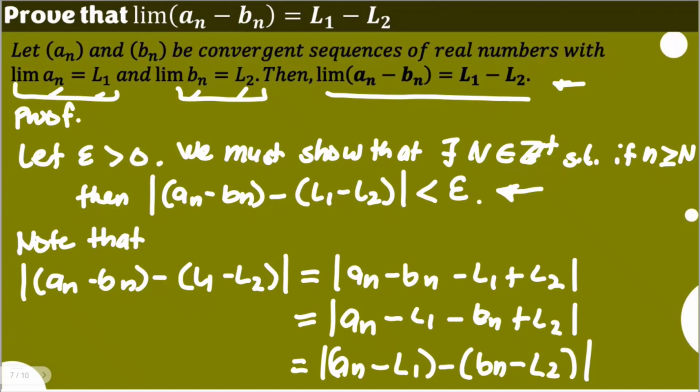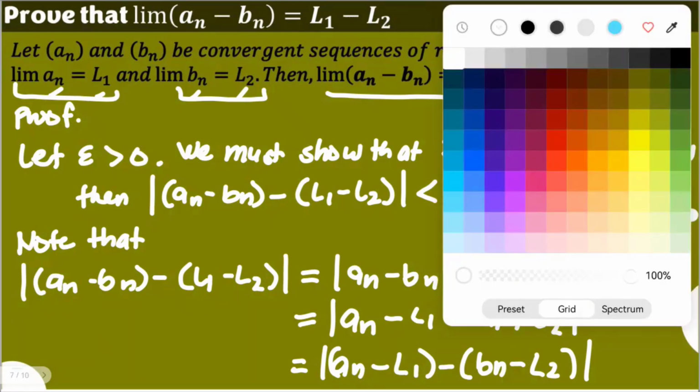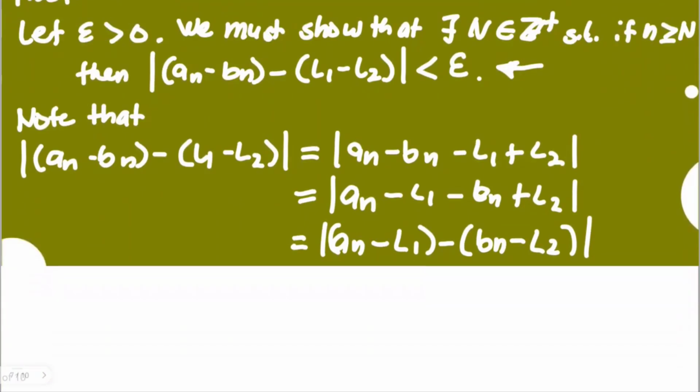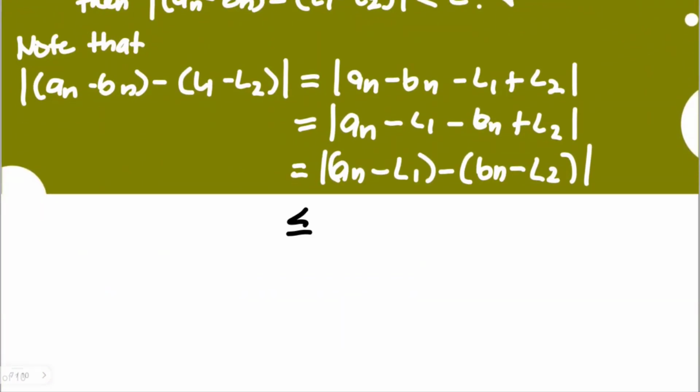Here, it's a difference, but we can still invoke the triangle inequality. We have a corollary for that: it's still true even when the operation is difference. So this is still less than or equal to the sum of their individual absolute value notations.